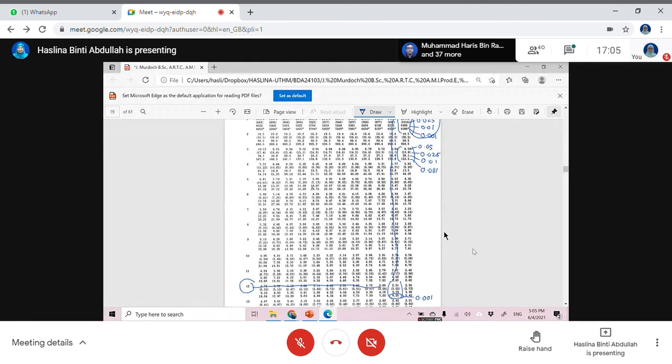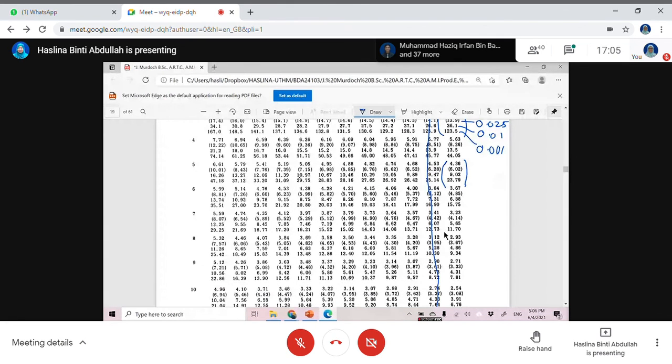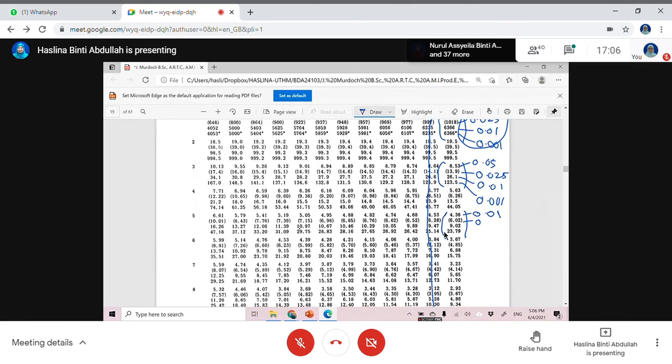Okay, for the value in this bracket, saya zoomkan for this bracket, let's say with the first row, 4.36, the alpha is equal to 0.01. The value of alpha tidak ditulis secara sahih in this table. So you need to know for the first row 4.31, 0.01, and the second row 6.02, the value is 0.01, 0.05.